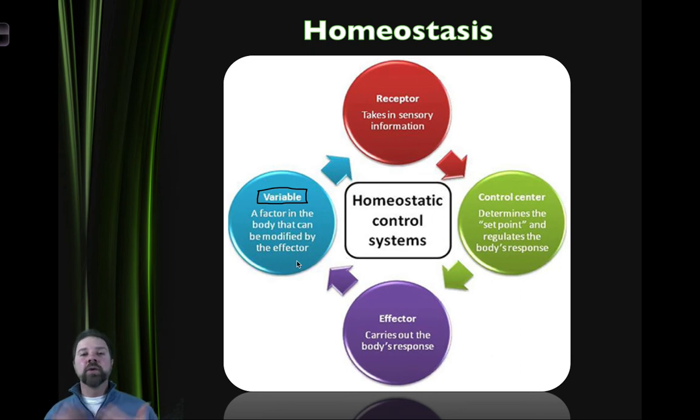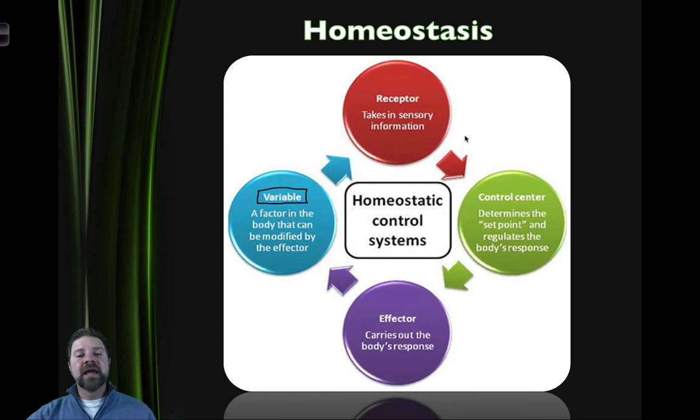For example, if you weren't dressed properly and you walked out on a cold day, the temperature outside is very cold and the temperature within you is variable. So that cold will start affecting you as your temperature will drop. Over time, a receptor will take in that sensory information and say, hey body, I'm getting cold.